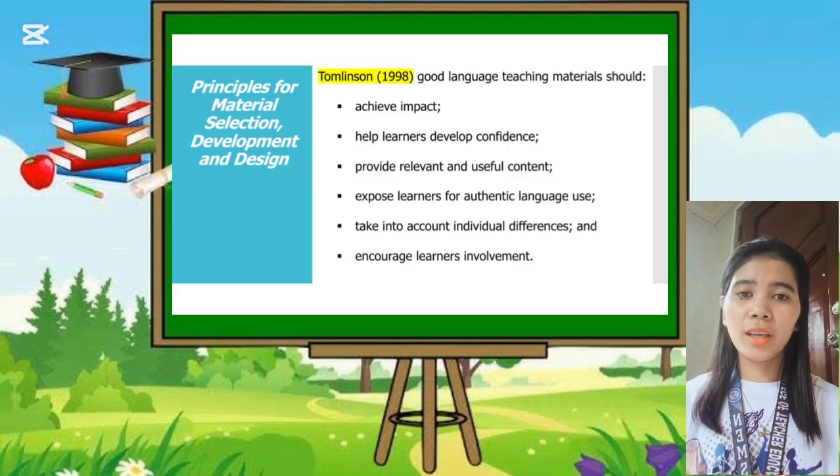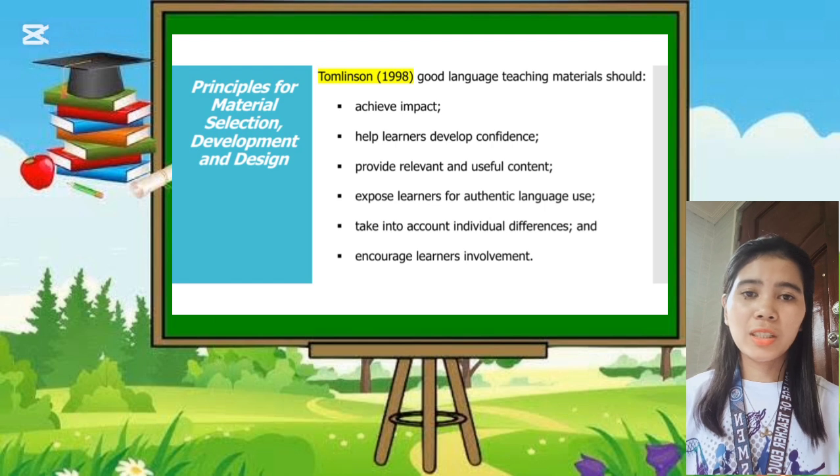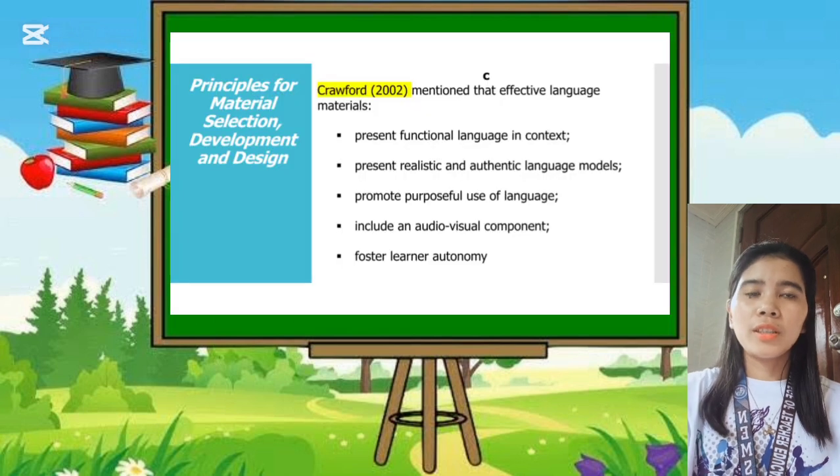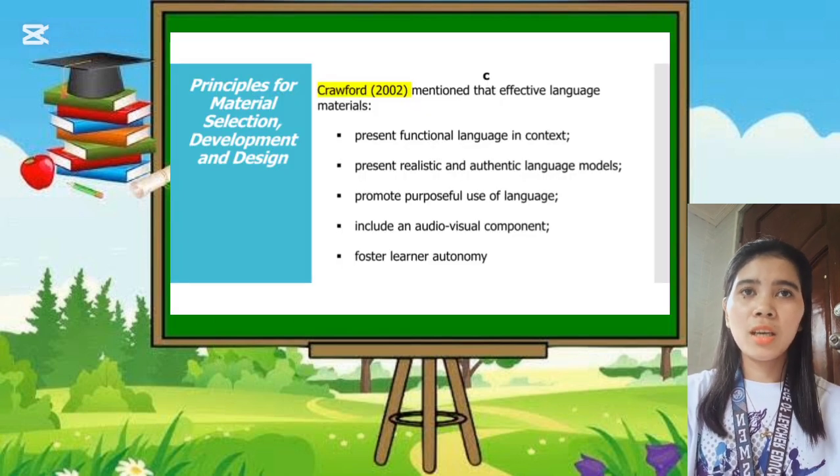Also, according to Tomlinson 1998, good language teaching material should achieve impact, help learners develop confidence, provide relevant and useful content, expose learners to authentic language use, take into account individual differences, and encourage learners' involvement. However, Crawford 2002 mentioned that effective language materials should present functional language in context.